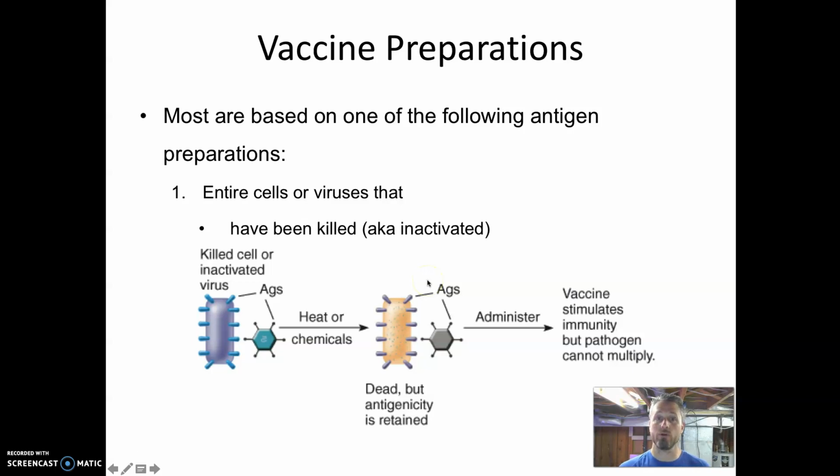They cannot reproduce in the patient, so they cannot cause infection and disease. We administer that, and that stimulates immunity. But the pathogen cannot multiply, so again, it cannot cause disease. So that's the first way that we could introduce an entire cell or entire virus into a person, not make them sick, but still stimulate immunity.